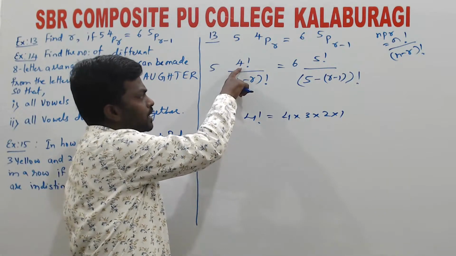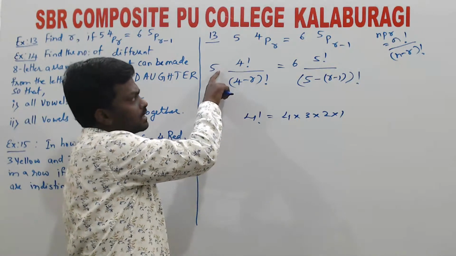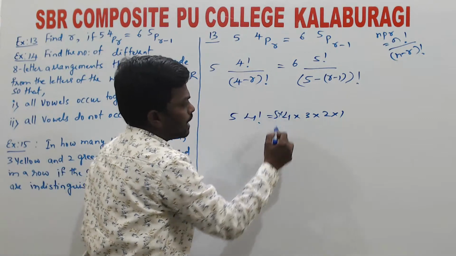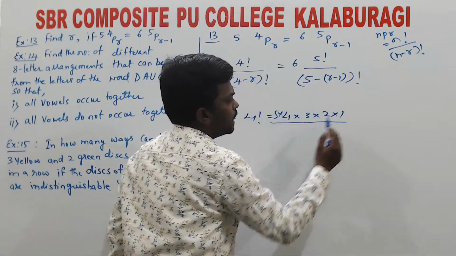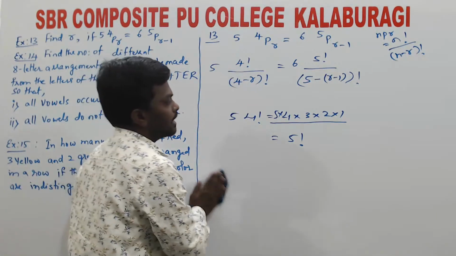Previous to the 4 factorial, there is a 5. This is nothing but 5 into 4 factorial, which is 5 into 4 into 3 into 2 into 1. What is it, students? 5 factorial.